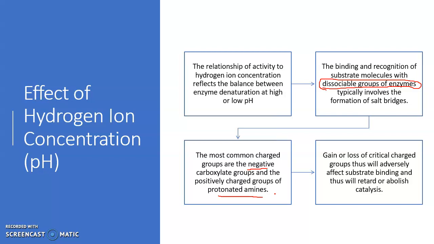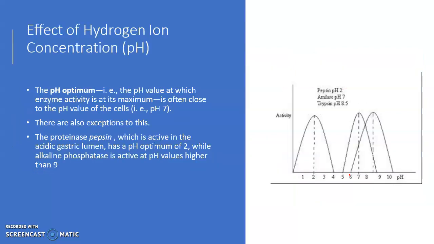Clear? These dissociable groups decide the pH range of the enzyme, so where it can survive and at which particular pH range the enzyme is highly active. That depends upon the gaining or losing of critically charged groups. This is the effect of hydrogen ion concentration, pH, and the graph is shown here.